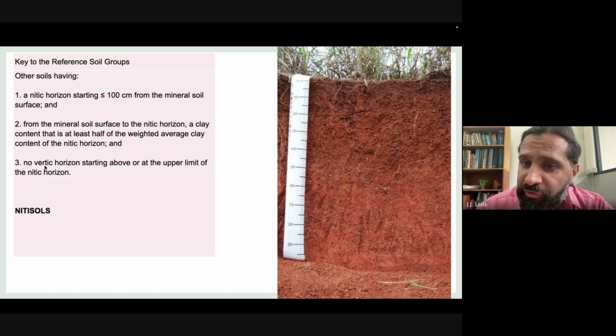So the morphology of the Nitisols is not connected to the Vertisols, it is quite different. So let's think about a horizon and a soil that registers shiny surfaces, but no wedge-shaped aggregates, no slickensides, and definitely not huge cracks.